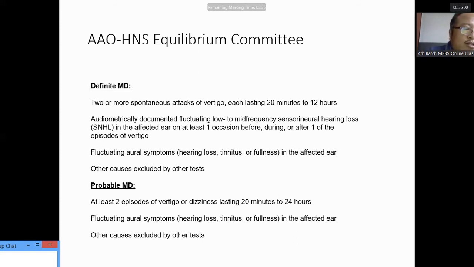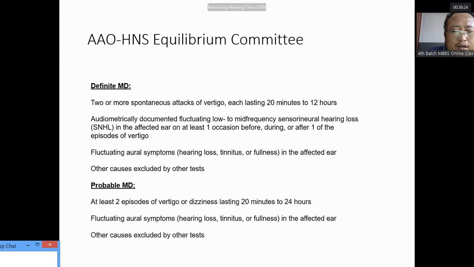Another one is probable. This is where we might not be sure whether it is Meniere disease or not. We might term it as probable Meniere disease, where the criteria are at least two episodes of vertigo or dizziness lasting 20 minutes to 24 hours, with fluctuating symptoms.